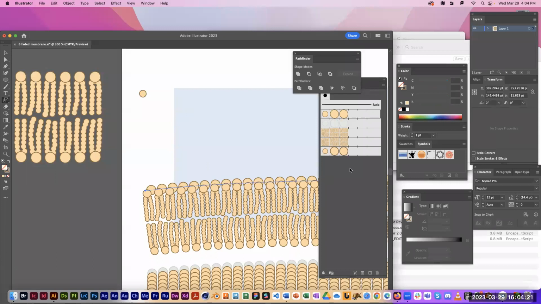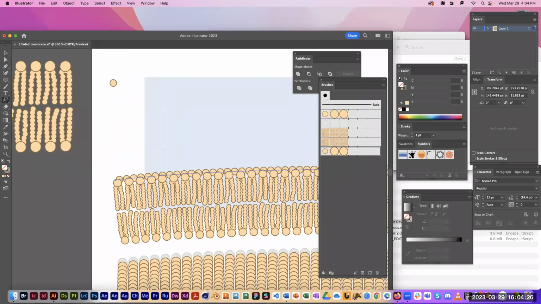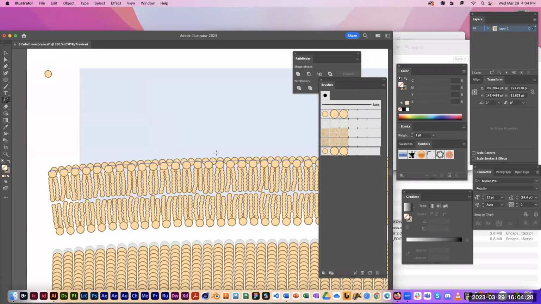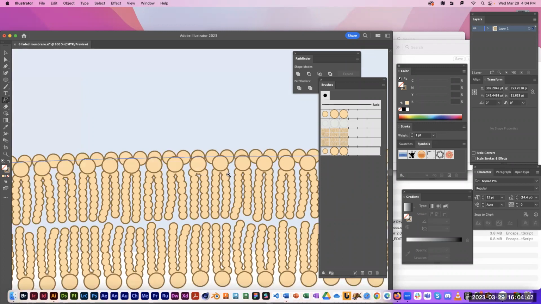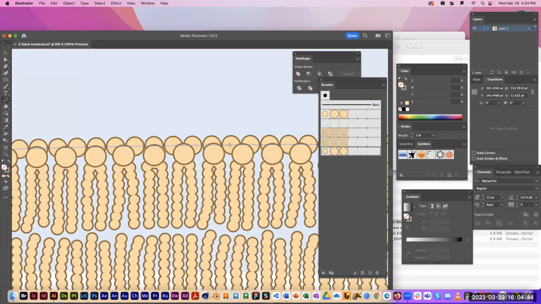I can create a new brush, which is basically just the phosphate head, just the head of our phospholipids. I don't like the fact that in the foreground there's space between the heads, whereas the ones behind are touching one another. That's because I don't have any tails on the one in the background, but I can add space between those.